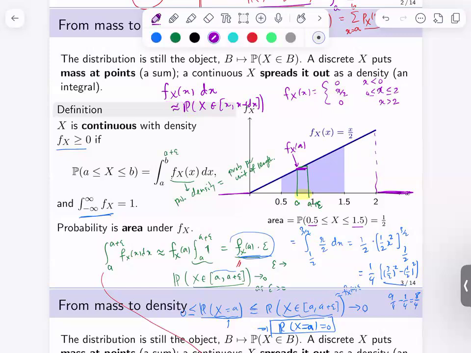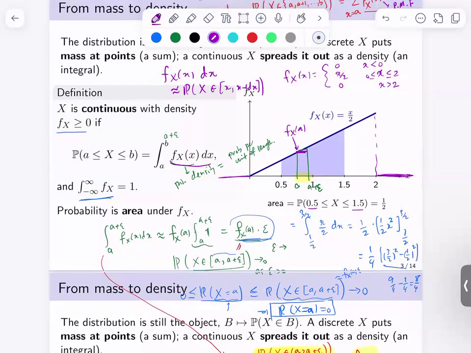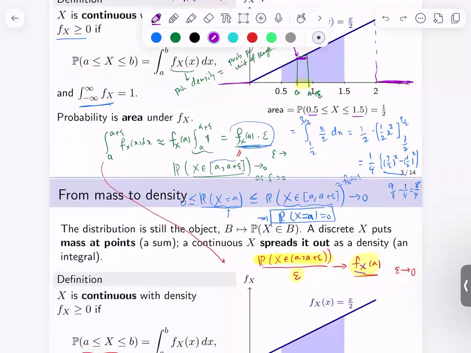So f of x itself is not a probability, but once you multiply by a unit of length, that gives you something of type probability. It has to integrate to 1 over the entire real line, because the probability that x takes a value on the real line should be 1. It should also be non-negative, since it's a probability divided by length on a small scale. These are the two properties.